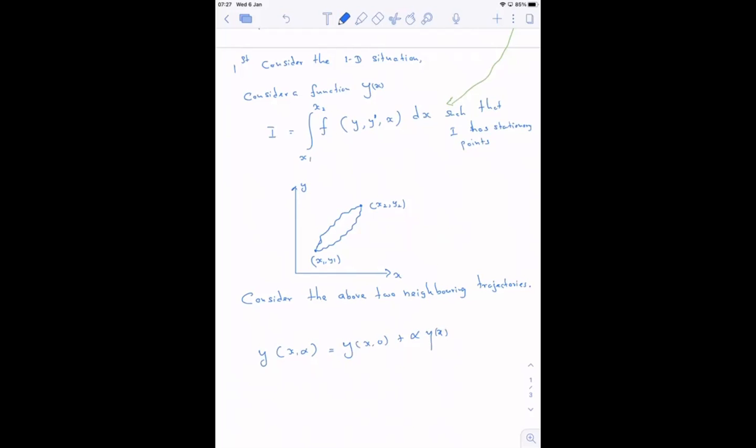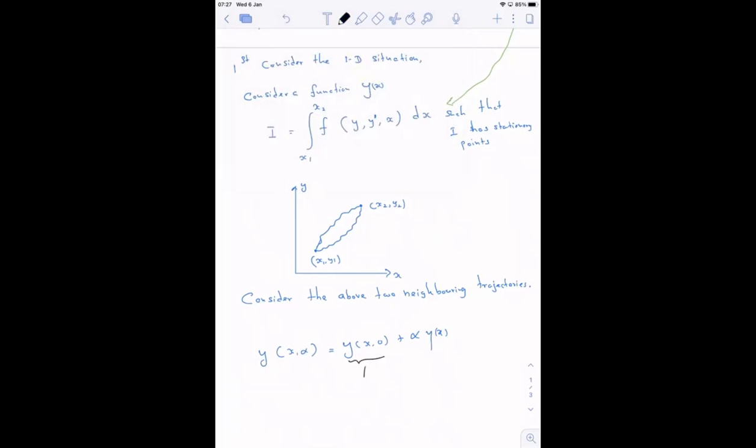So that is the parameter that I'm going to use to show the amount of change. And this function eta of x is the function that defines the movement from the old function to the new function. And y(x, 0) is the original function. So let me write these things just to be clear.